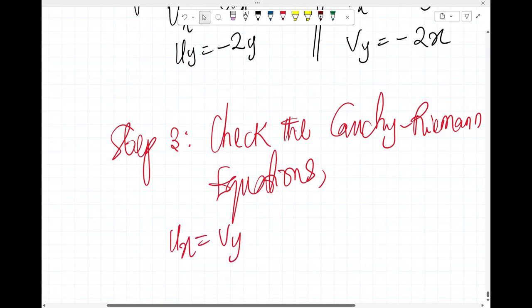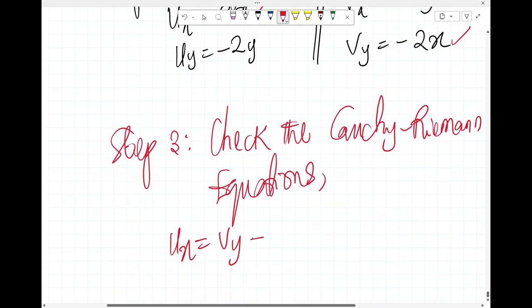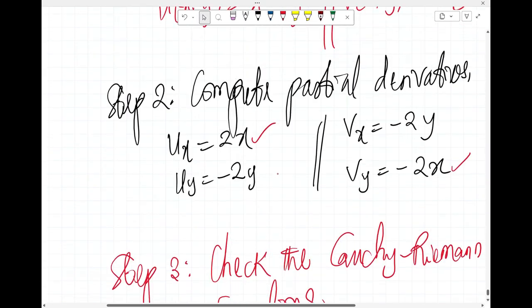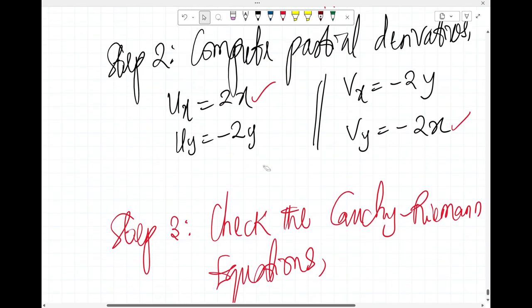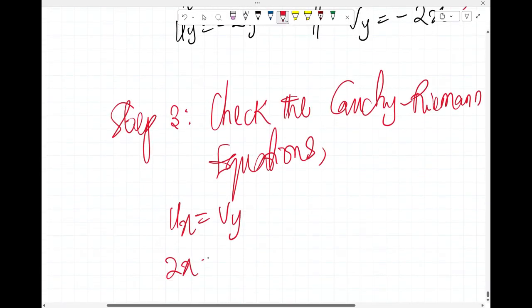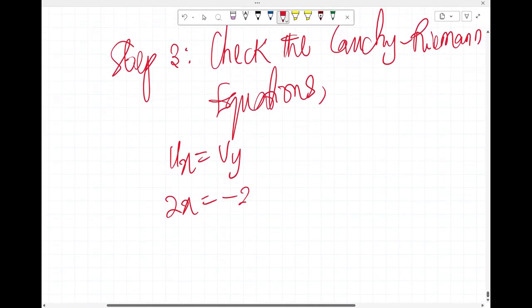Is that true? u sub x is 2x, v sub y is minus 2x. That doesn't hold. So not correct, not equal.